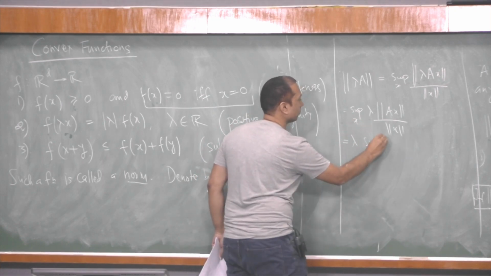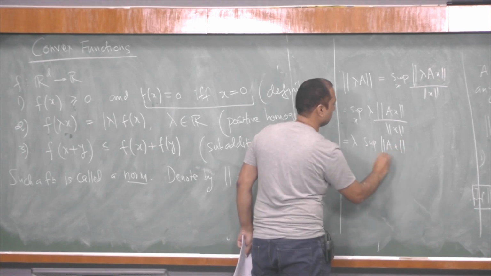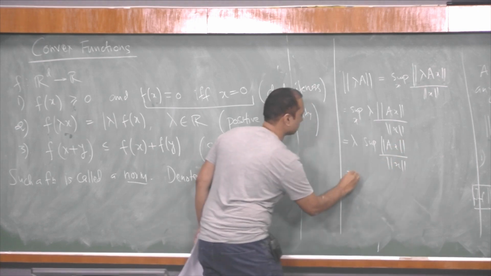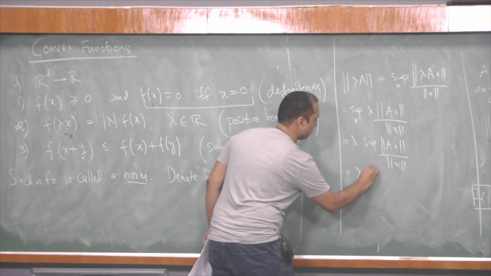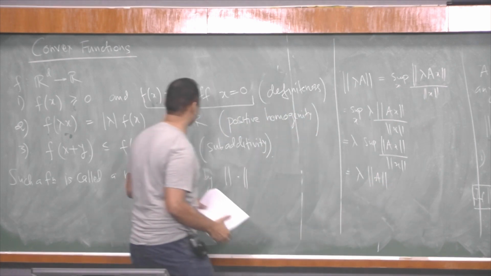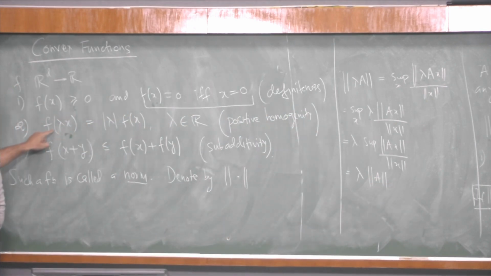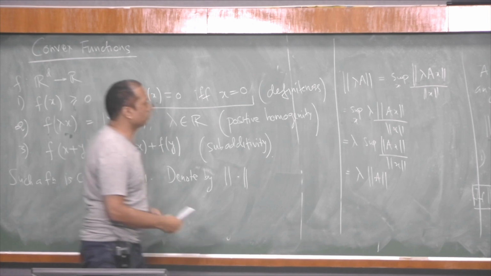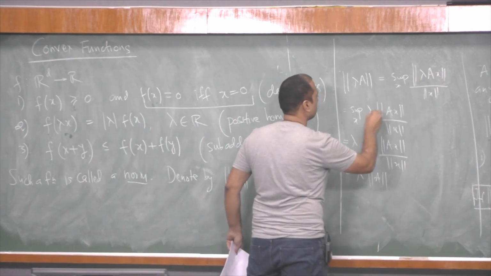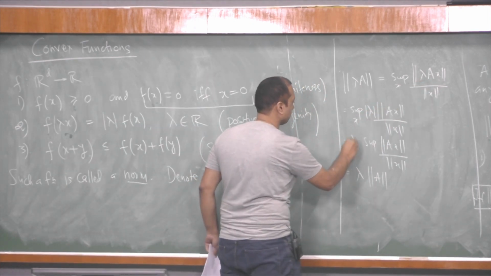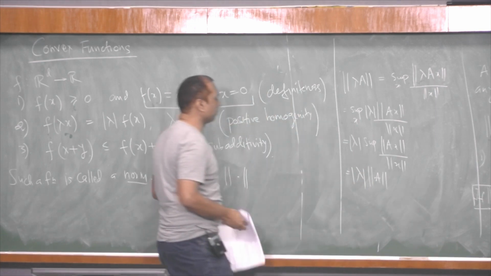So supremum of Ax by norm x is exactly lambda times norm of A. So this is what we wanted to prove. This is mod, so we can put mod also, it's fine, because the same mod comes from this norm.